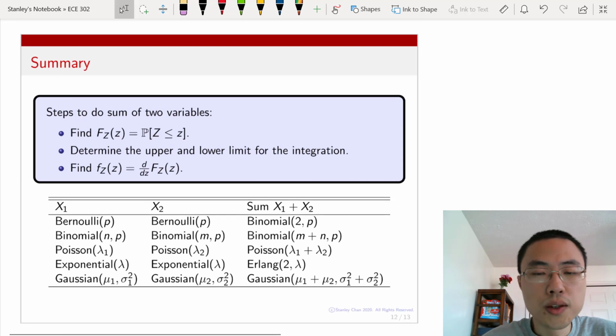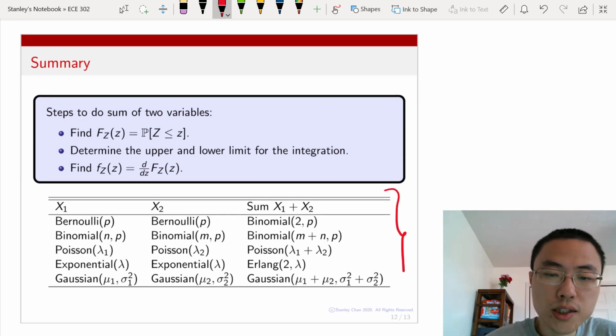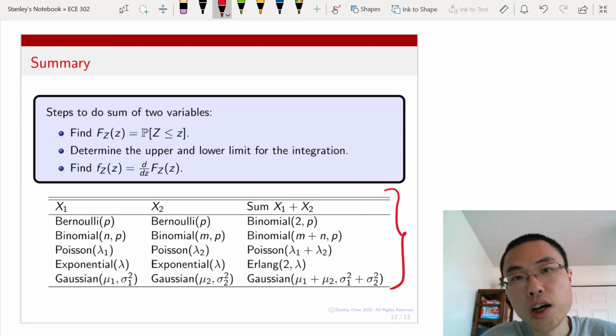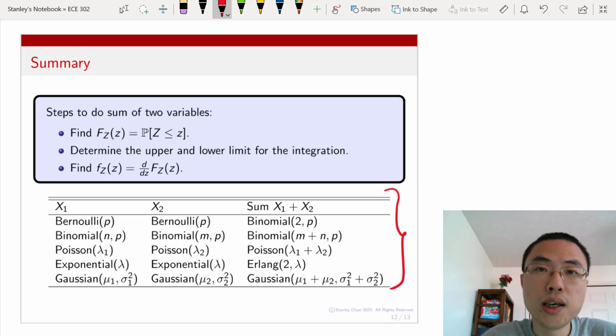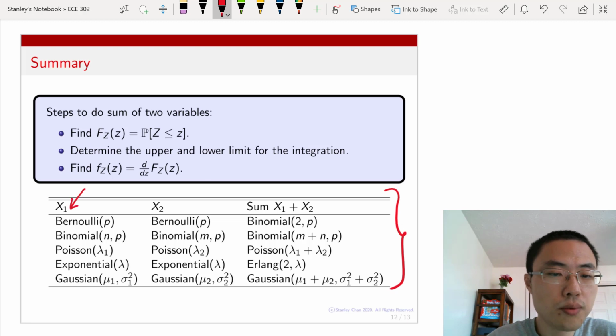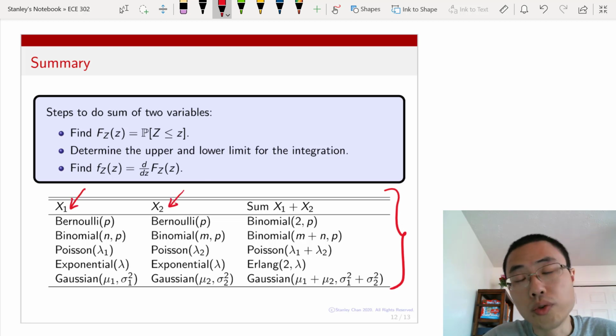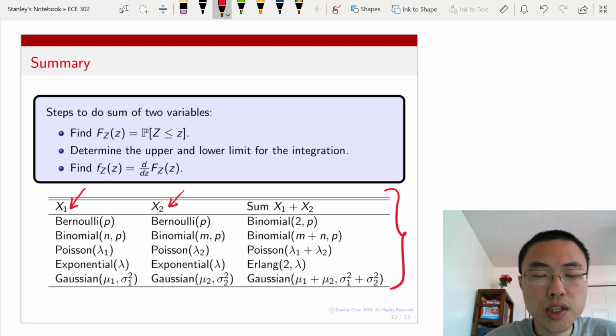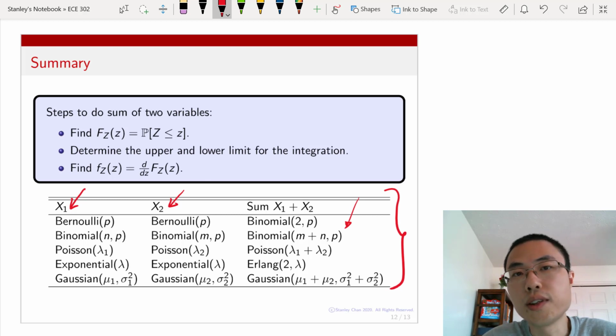So this table here is a summary of many commonly used discrete and continuous random variables. When you have random variable 1 and random variable 2, and you try to sum them up, the sum will have a new PDF, and the PDF will be given by all these equations. And these are very important results because oftentimes you do want to take the sum of 2 random variables.